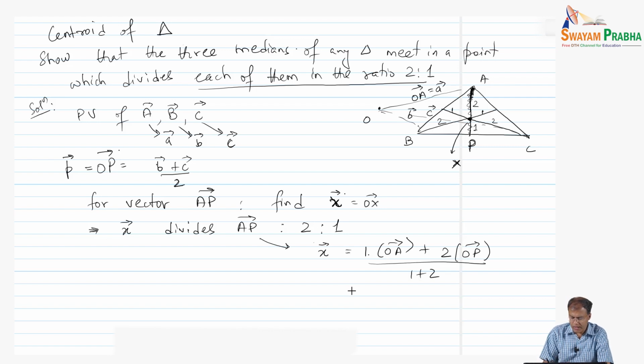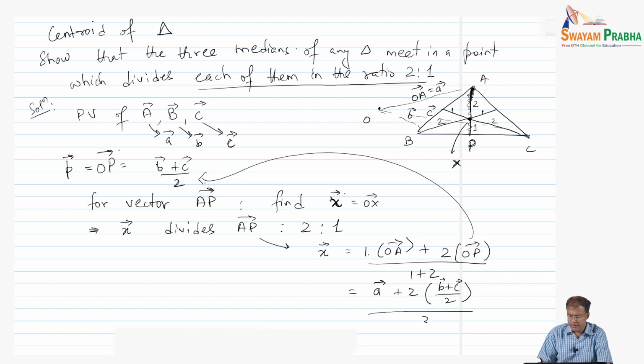Now OA is the position vector a, and OP is b plus c by 2, so we get a plus 2 times (b plus c by 2), divided by 3. And what we have is that this position vector of x is a plus b plus c by 3. So we have found the special point X, which is dividing the line AP in the ratio 2:1, and the coordinate of the special point X is the following.